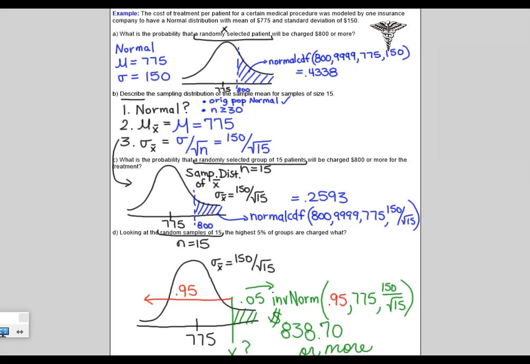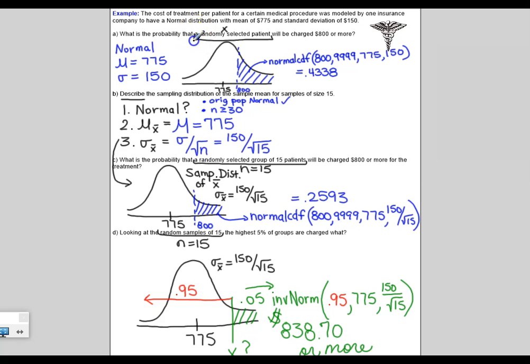So we're looking at a medical procedure that was modeled by an insurance company. It has a normal distribution with a mean of 775 and a standard deviation of 150. The main thing we want to look for in these problems, when we're trying to figure out if this is something like what we did in chapter 7 or more like chapter 8, is what are we trying to find the probability of?